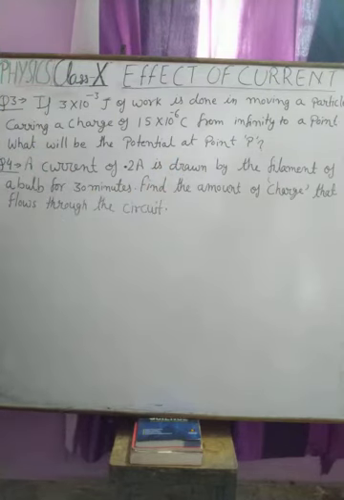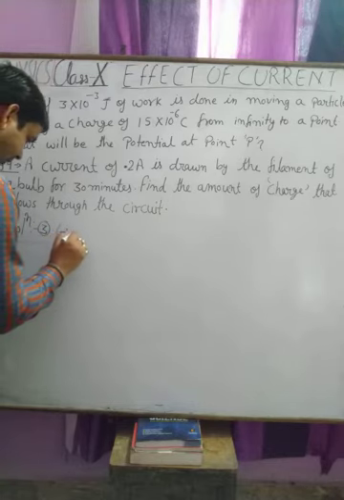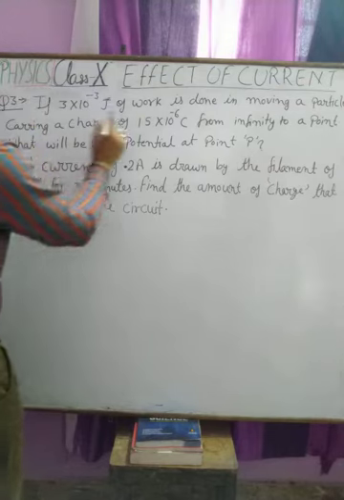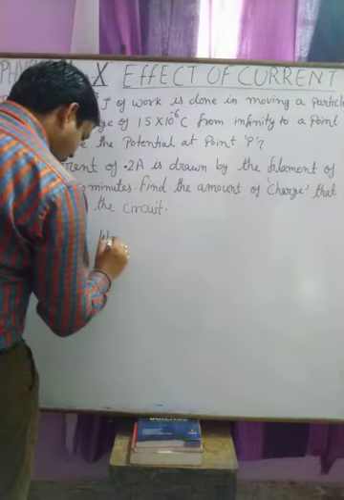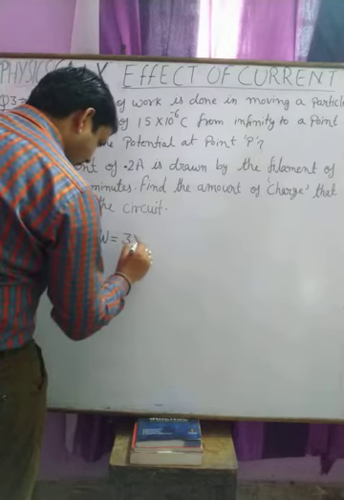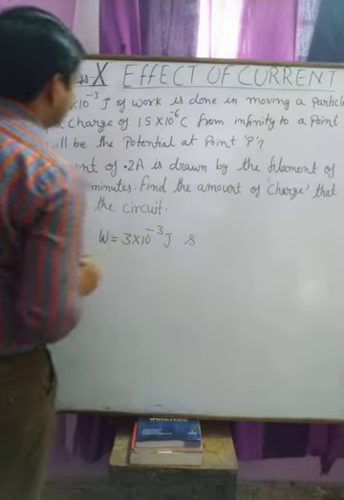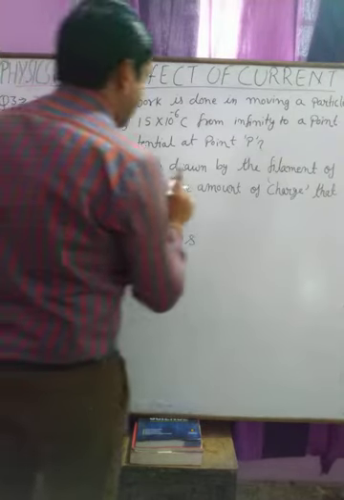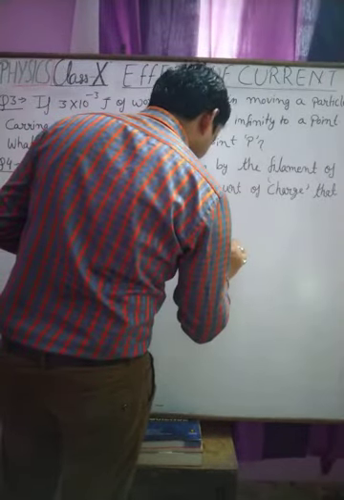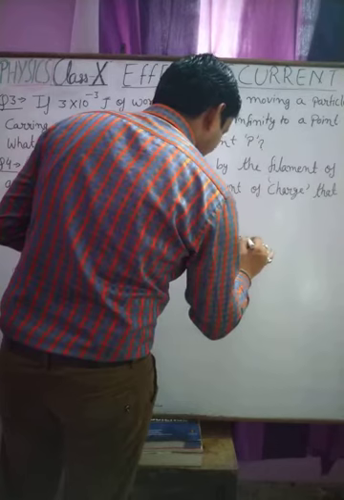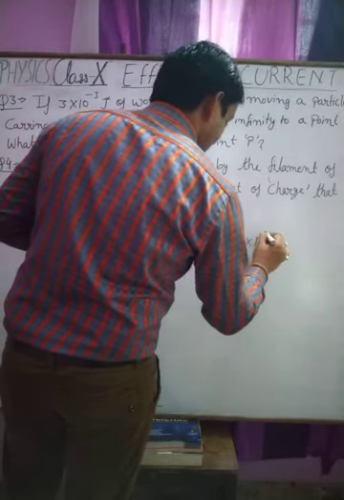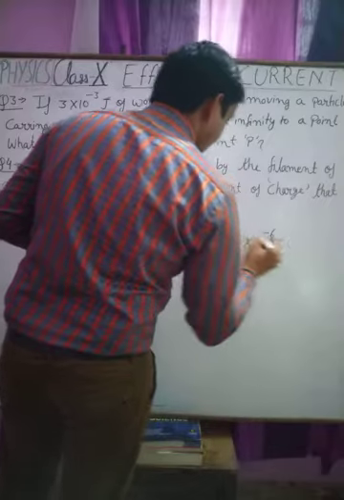Okay, now the solution is: we are given in the question that work done W is equal to 3 into 10 to the power minus 3 joule, and charge is 15 into 10 to the power minus 6 coulomb.